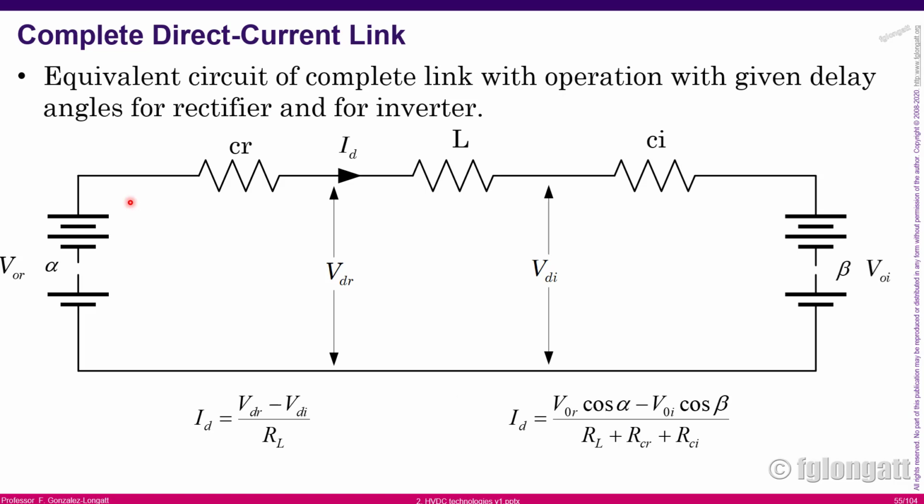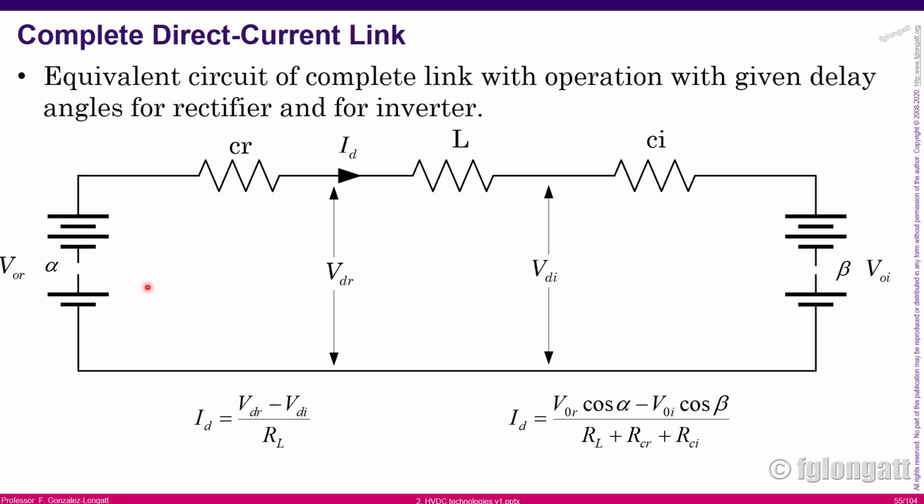On the right-hand side and the left-hand side, you can see some ideal voltages, but those ideal voltages depend on alpha and beta, okay? Alpha and beta are related with the firing angle, I mean, with the moment that the device is commutated, okay? What I'm trying to say is those voltage sources over there are controlled voltage sources, okay?